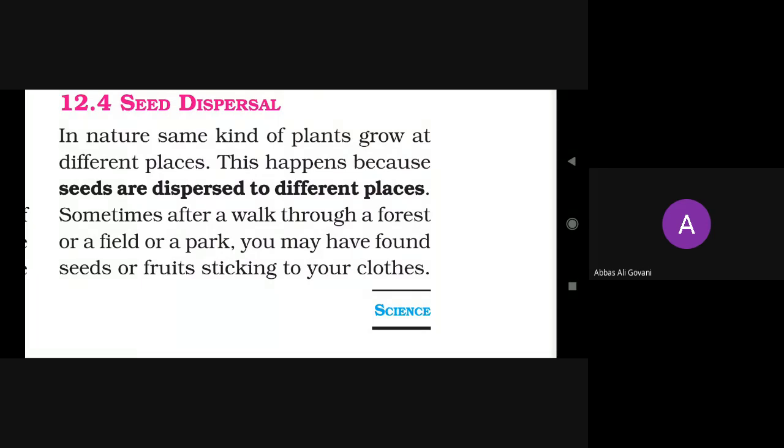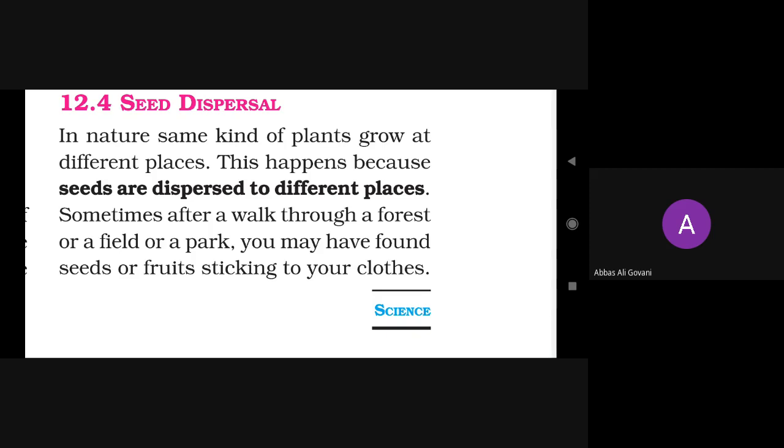But then also there is a plant. Some places we are not planting, but plants grow by themselves. How is it possible? That is possible due to seed dispersal. Seed is dispersed from one place to another place. When seeds are moved to different places, plants grow over there.